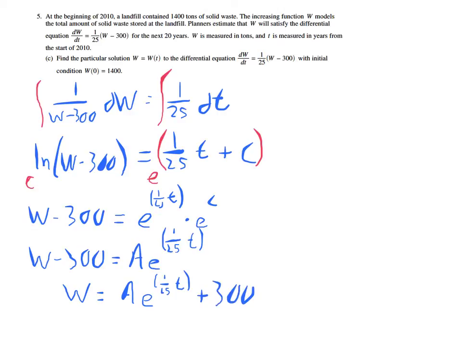Now we need to plug in so that we can find the a. We need to find the particular solution. This right here is what we would call a general solution. I plug in this point to find the particular solution.